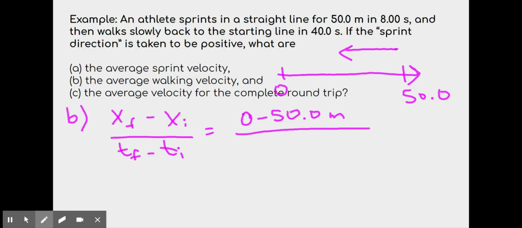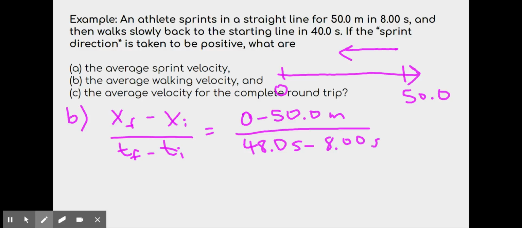Well, it says that it took the athlete 40 seconds to walk back to the starting line. So the final time, the total time elapsed, would be 40 plus 8, which is 48 seconds. We need a 0.0 because this has a 0.0 at 40 and that has 2 zeros, but we go with the least. And the initial time was 8 seconds.